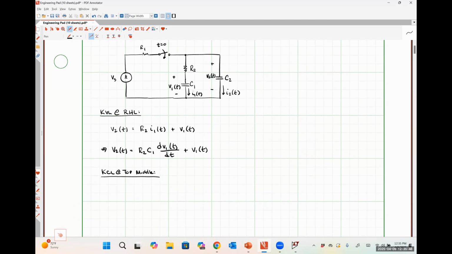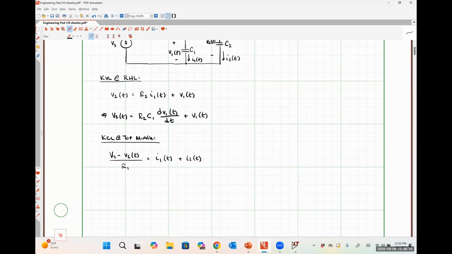I'm going to choose to express my current flowing in as Vs minus V2 of t divided by that resistor R1. And that's going to be equal to the current flowing out of that node, which is just I1 plus I2.